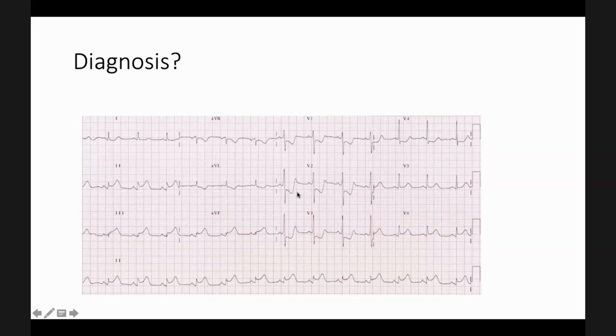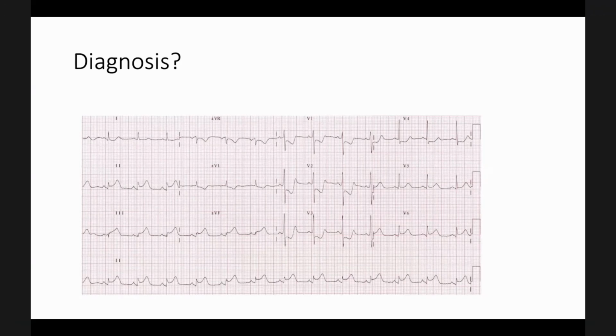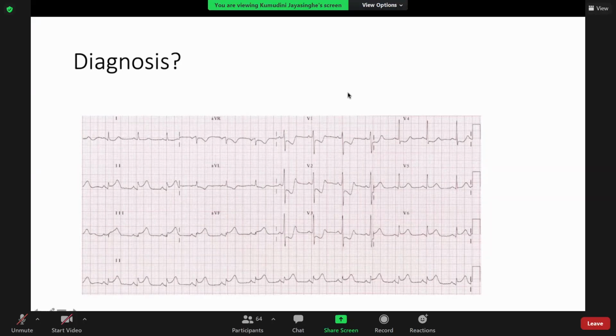How to diagnose posterior MI? You can suspect it when there are ST depressions in V1 to V3, but to confirm that, you have to place the leads V7 to V9.